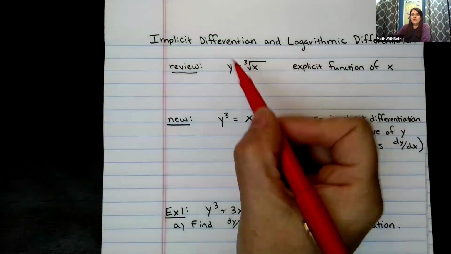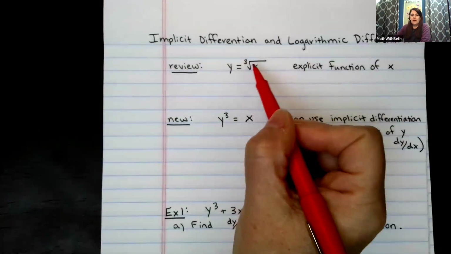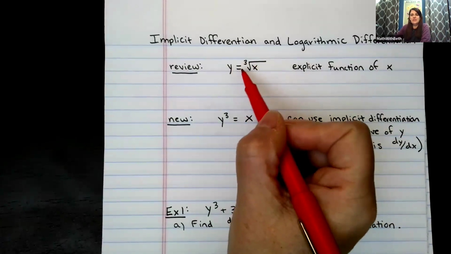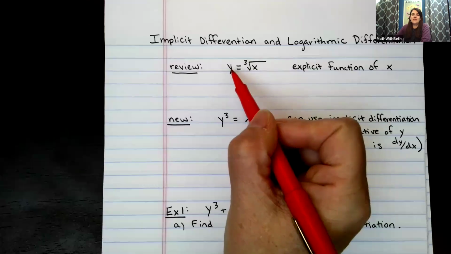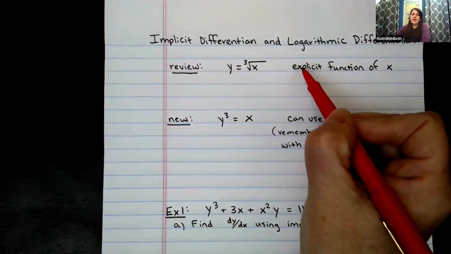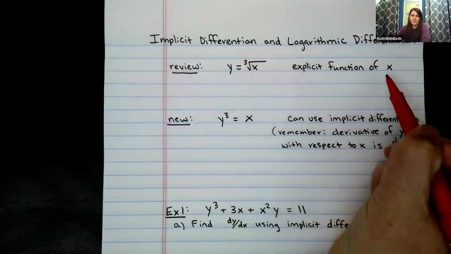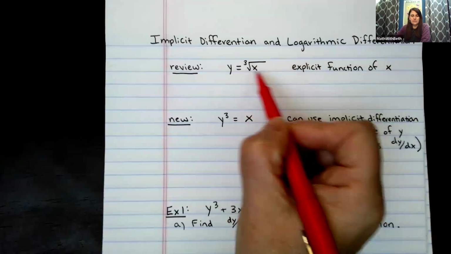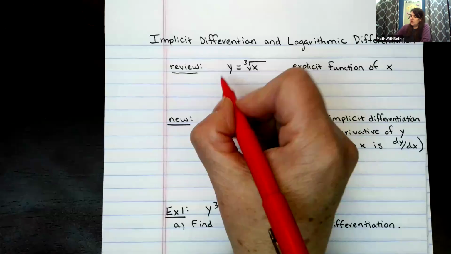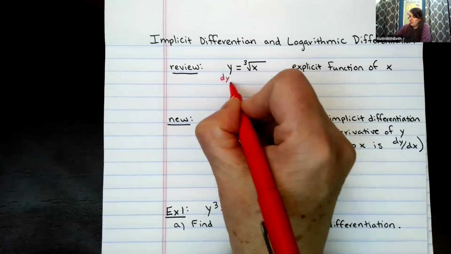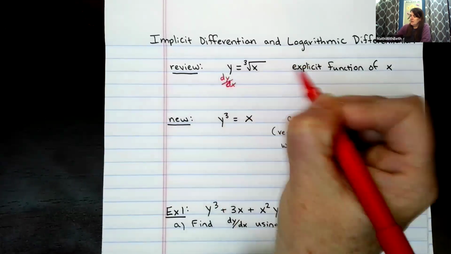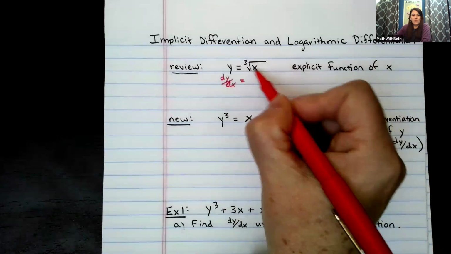So first, as a review, if I was just doing the regular derivative of something like this, if y is already by itself, this is just an explicit function of x because everything is in terms of x on this side. So to do the derivative, we would just say dy/dx equals, and then we would do our normal power rule.